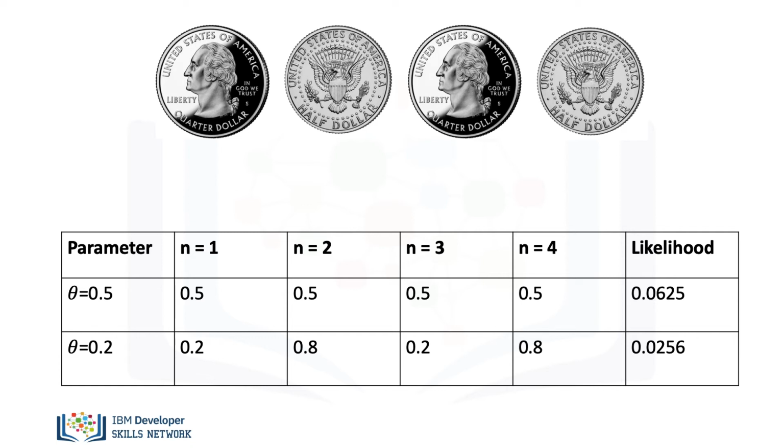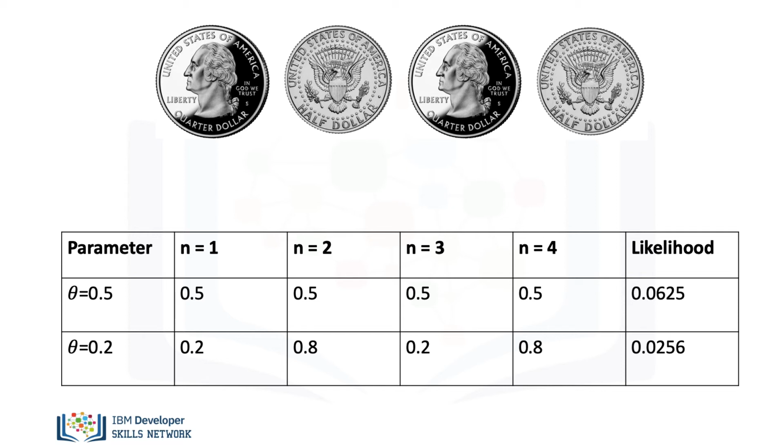Notice that amongst the 2 likelihood values, the one corresponding to theta equals 0.5 is larger compared to the other value. This intuitively makes sense as well. In the real world, if you flip a coin, the probability of getting a head or tail is equally likely. Thus, the likelihood given by theta equals 0.5 is more likely to occur.